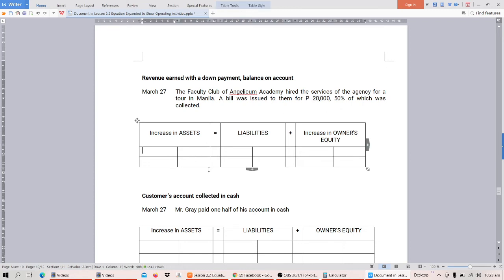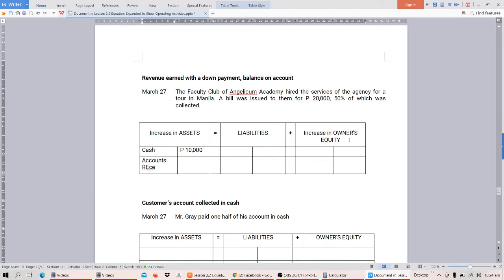So your accounting equation will show an increase in cash by 10,000, and at the same time an increase in your accounts receivable by 10,000 also. There are no liabilities here. So there will be an increase also in your owner's equity in the form of service income.